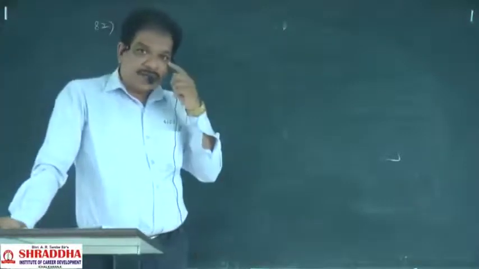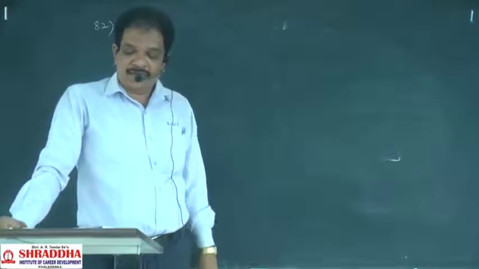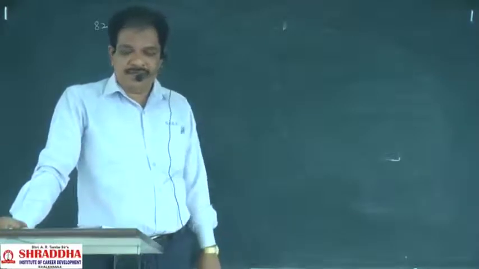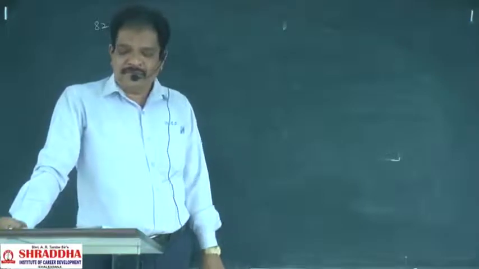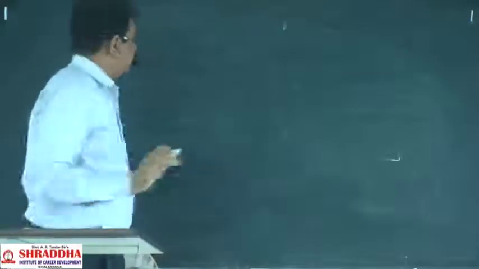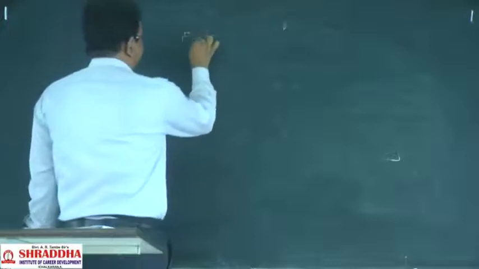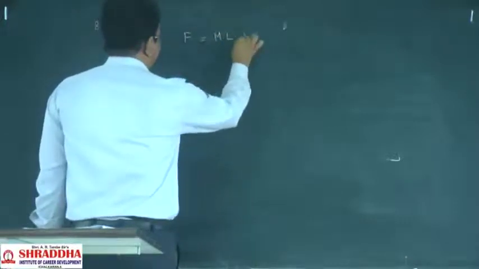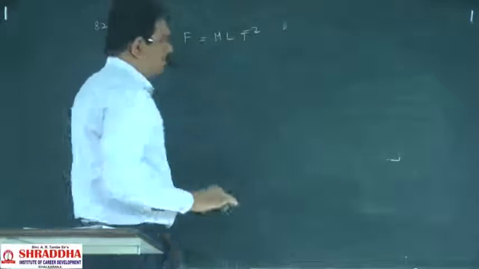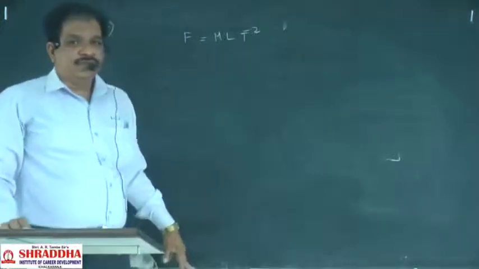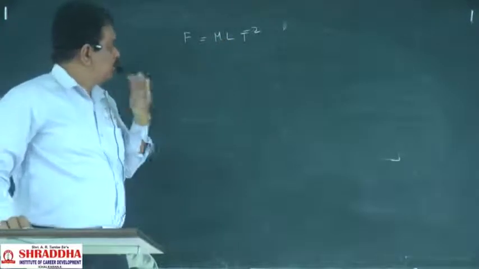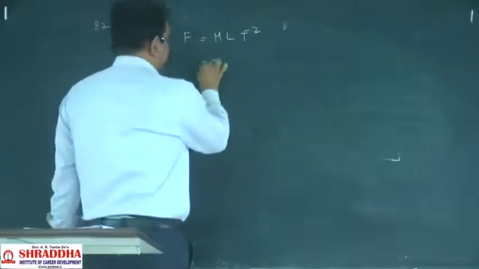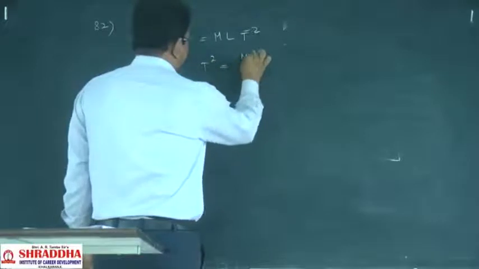If mass, length and force are the fundamental quantities, dimensional formula for time is how much? So here F is equal to m L T power minus 2. From that T square is equal to what will happen?